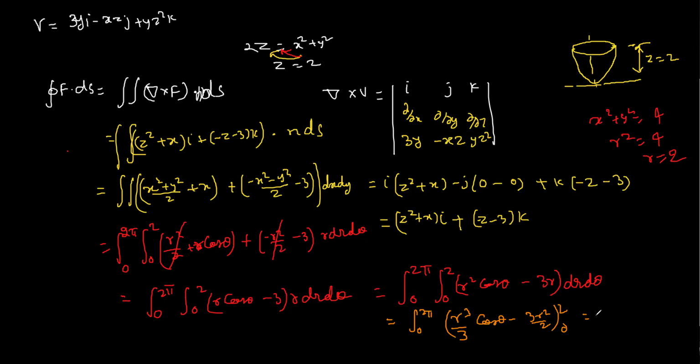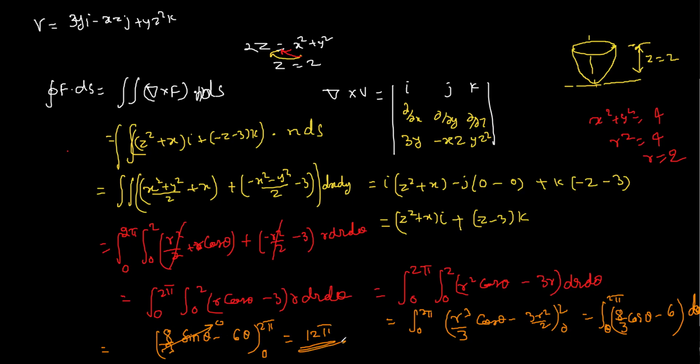Okay, that gives 6. Now when you integrate with respect to theta, cos theta becomes sin theta, minus 6 theta, from 0 to 2 pi. Whatever you put in the sin term, you will get 0. And this is 12 pi minus 0. And 12 pi is the answer. Okay.